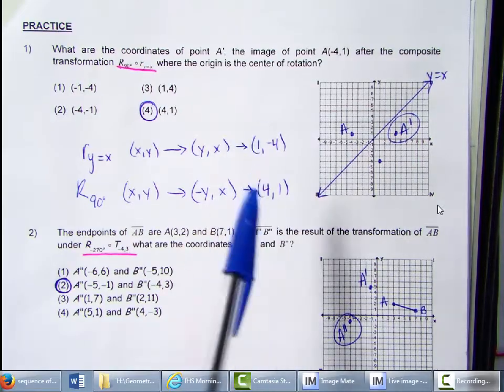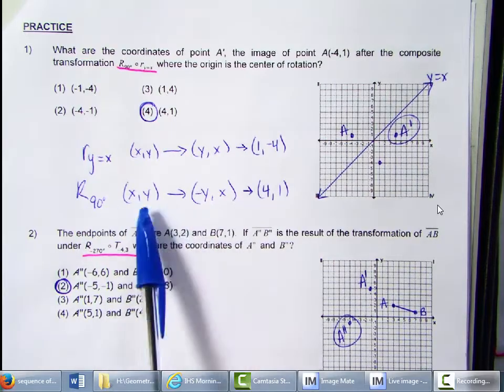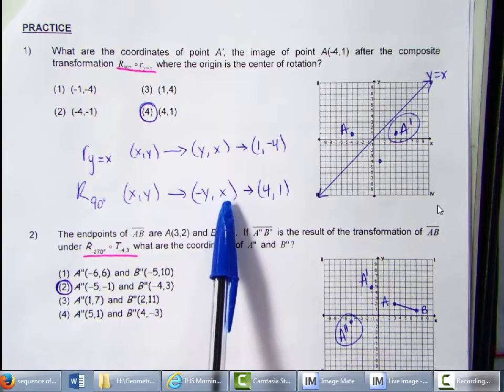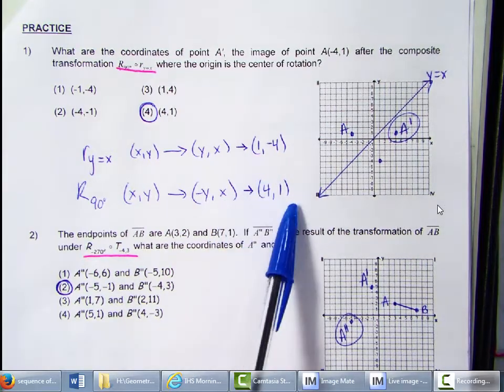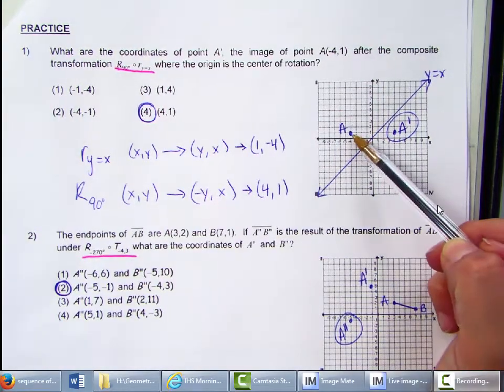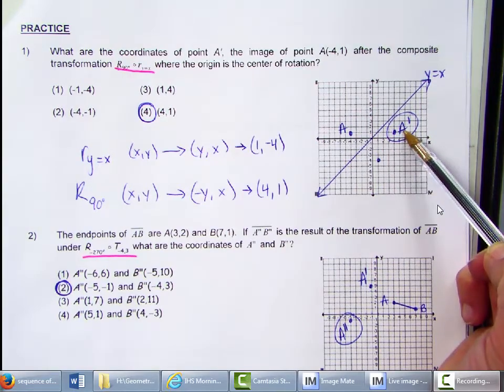Okay, and then you needed to take that point and rotate it 90 degrees. We learned that the rule for rotating 90 degrees was (-y, x). So you take your y, make it negative, and then move the x into that spot. Or you could have done it on a graph. Here's my reflection over y equals x, and then here's my 90-degree rotation.